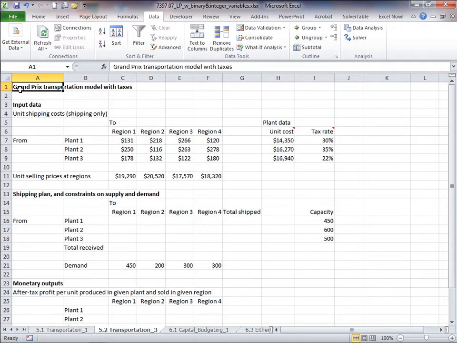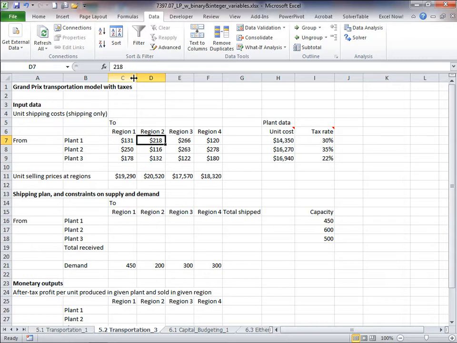For example, if plant number 1 produces an auto and ships it to region 2 where it is sold, the profit before taxes is 20,520, that's the selling price in region 2, minus the cost from plant number 1, 14,350, minus 218, which is the shipping cost from plant 1 to region 2, which gives you a profit of 59.52. This is then taxed at plant 1's rate of 30%, so the after-tax profit is 41.66.